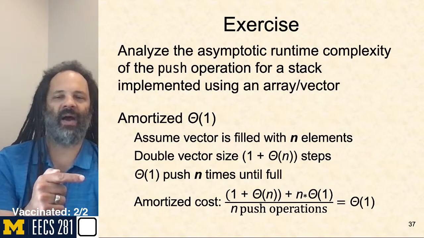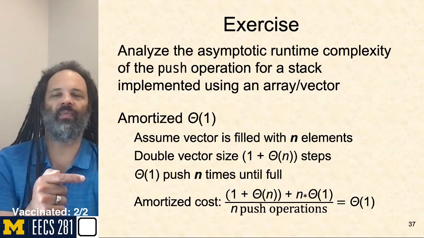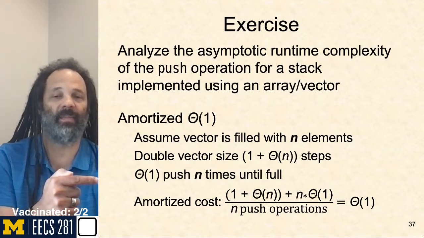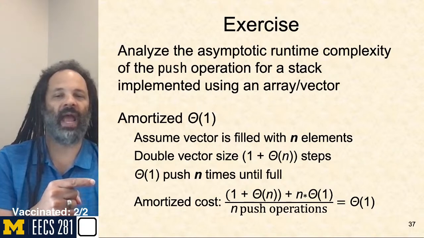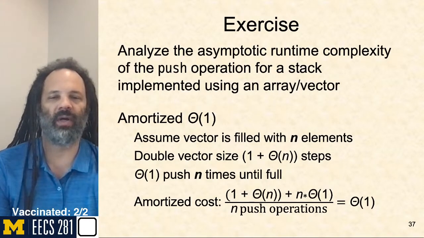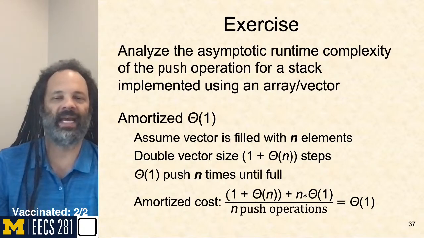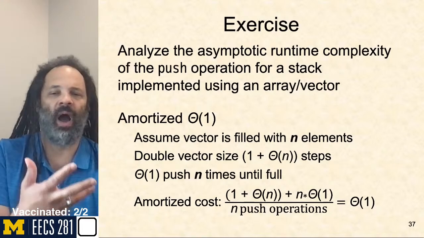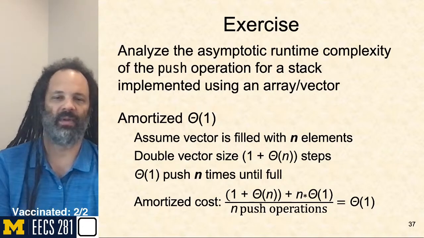Now I can only do the number of spaces that I grew it by. So this is no longer n free pushes, now it's that constant number of pushes. So it looks like I've got 1 plus theta n plus that constant, which we said was 100 free pushes now.